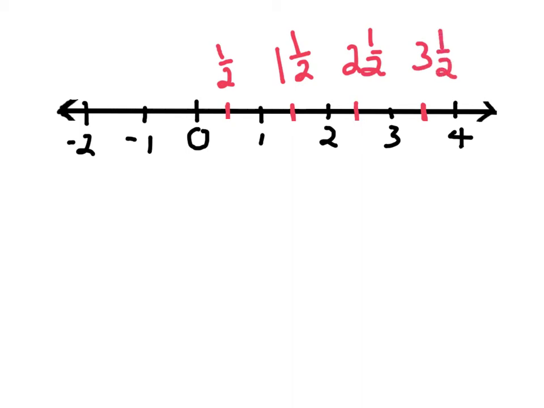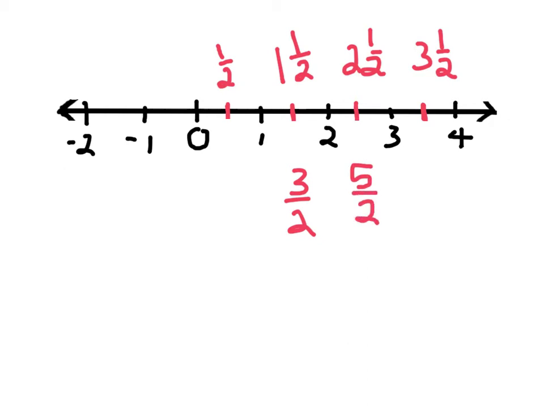And you should also remember that there are names for all of those numbers that are bigger than 1 as improper fractions. So 1 and 1/2 is the same thing as 3 halves. And if you need a reminder, that's because to get to 3 halves, we have 1/2, 2 halves, and 3 halves. And 2 and 1/2 is the same thing as 5 halves.